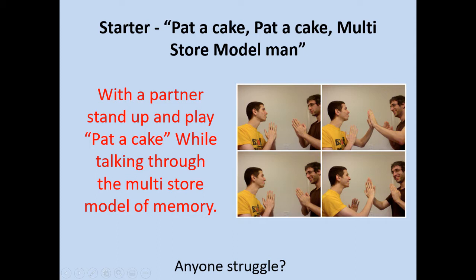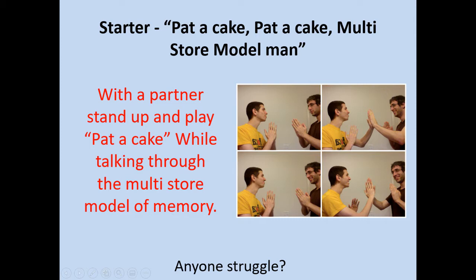What I want to do is I want you to get a buddy. So if you've got a sibling or someone who is close to you, I want you to play pat a cake. Okay, so pat a cake is basically when you put your hands against another person and you do that sort of pat a cake, baker's man, or you're doing a sailor went to sea, that sort of thing.